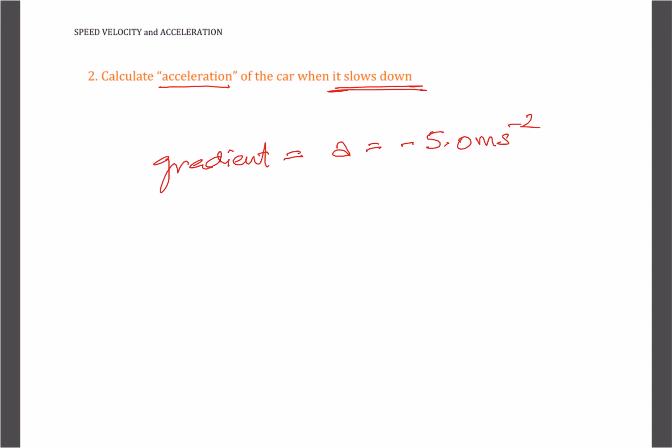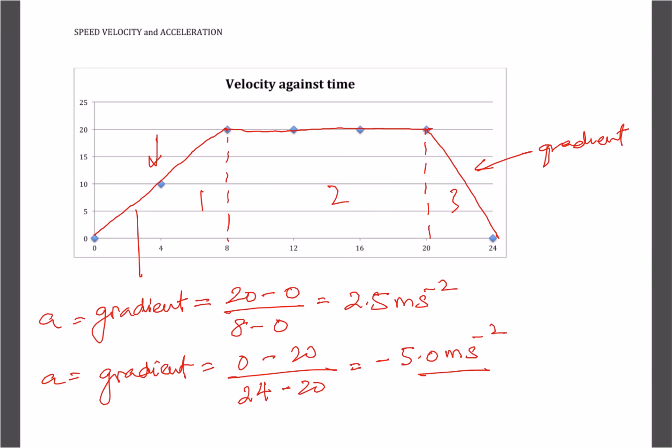Next one asks you to get the total distance traveled by the car. Now the total distance is basically the area under the graph. So if you look back at the graph, there are 3 parts to the graph: part 1, part 2 and part 3.